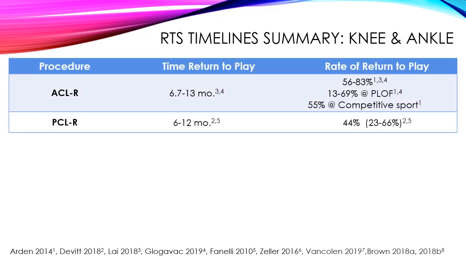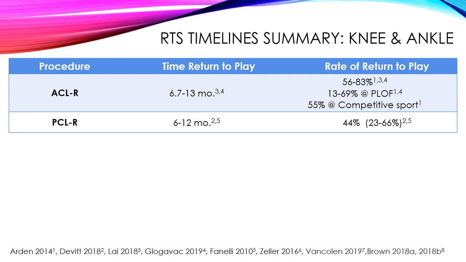All right, looking at ACL reconstruction and PCL reconstruction, there's going to be quite a spectrum as far as the percentiles that are reported for those that are returning to play, and also considering what it means to simply return to play versus return to their prior level of performance or their prior level of function.